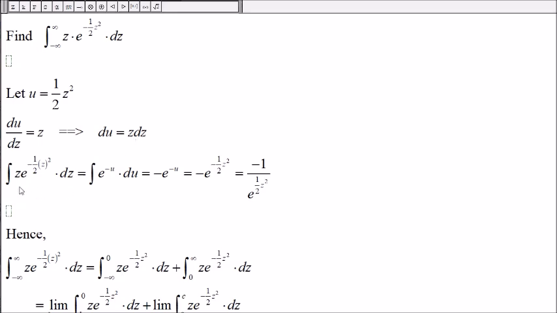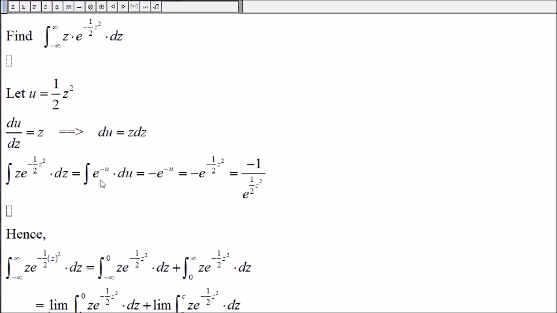And so the integral of z times e to the negative 1/2 z squared will be e to the negative u, since u is 1/2 z squared, and then z dz is du.